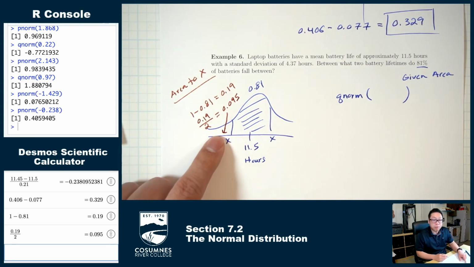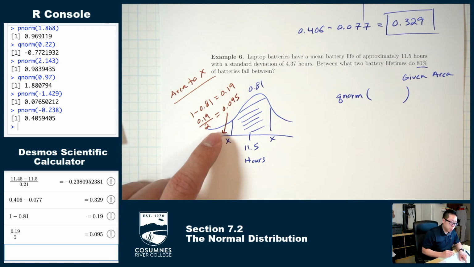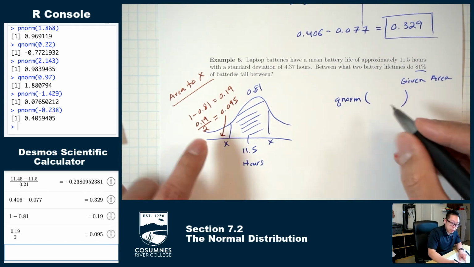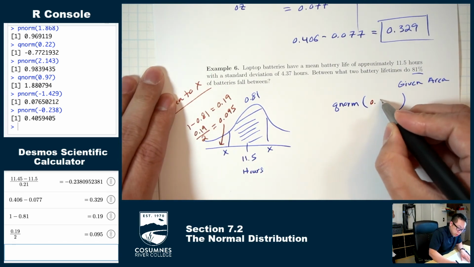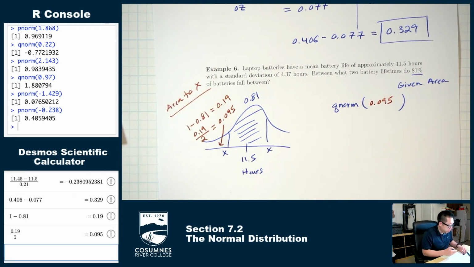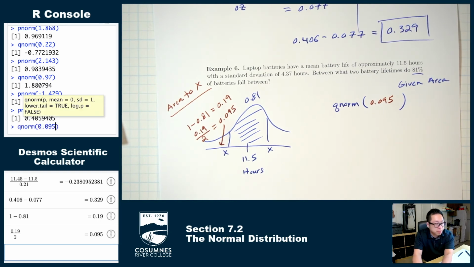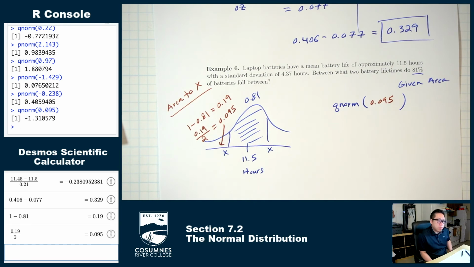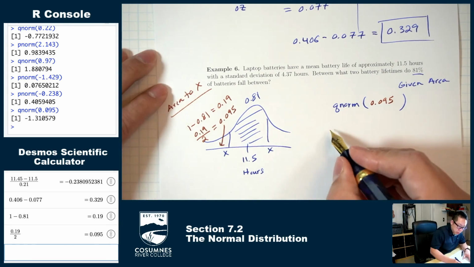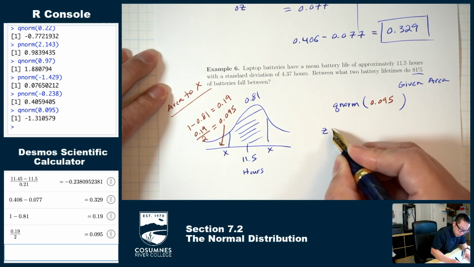Okay, so that's this left unshaded part, which is the left side of my picture that I need to feed into R. So 0.095. Okay, so Q norm in R, 0.095. All right, negative 1.311. So this is a Z now.